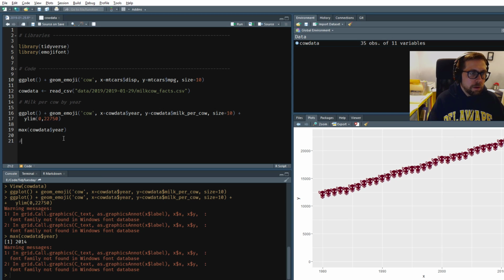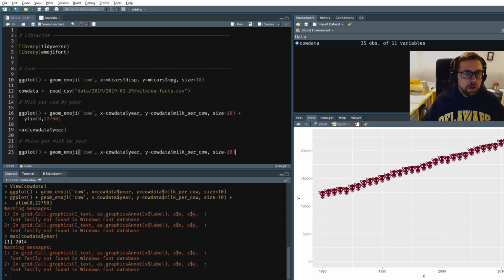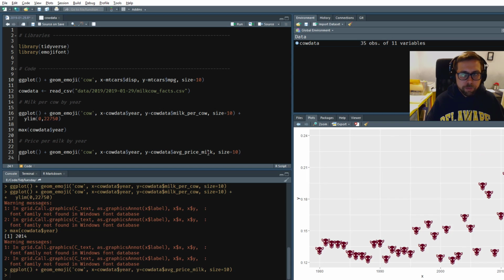Okay, so let's see, what about the price per milk? I wonder how that's been moving over the years. And so here we're going to leave year as the x-axis, and then we're going to plot the average price of the milk by year. Okay, so that's a little bit interesting.